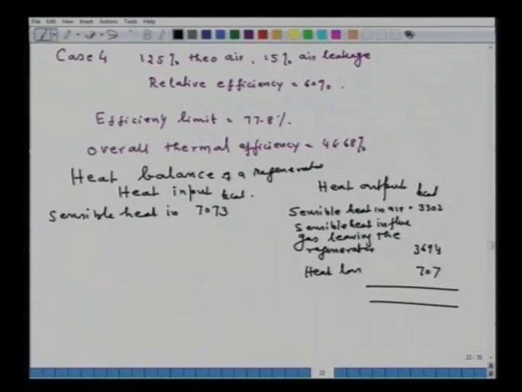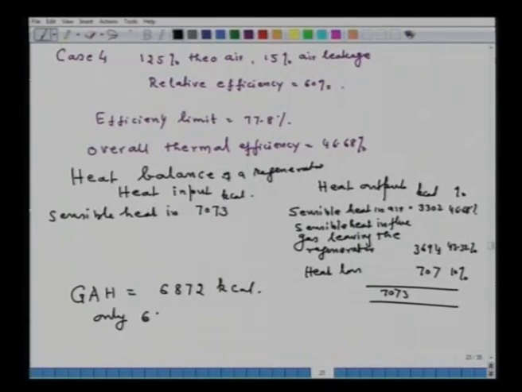So, total again is 7073. So, what you note from here in terms of percentage, we are able to recover only 46.68%, but 43.32% of the heat of the flue gas is lost, and of course, this is the 10% which we have assumed. Now, if we calculate the gross available heat to the working chamber, it comes out to be 6872 kilocalorie. Now, only 65% of NCV would be available.